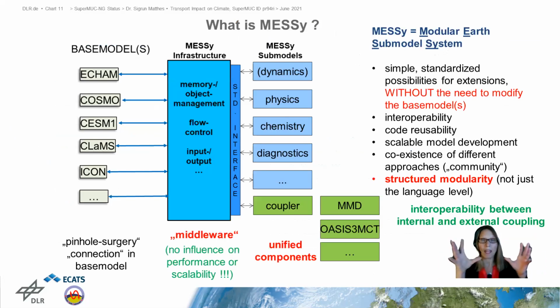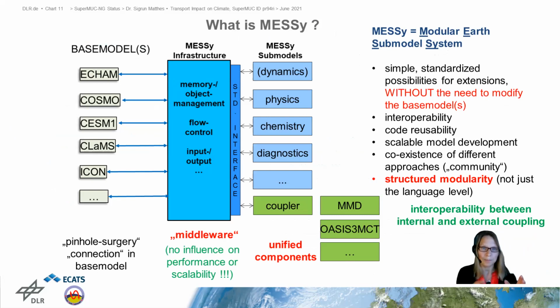So what is particular here, and what is in fact the central element of our modular approach? This is that we have a kind of middleware. Shown in blue in the central part, we have an infrastructure which is connecting the base models on the one hand side with the MESSy submodels on the other side.